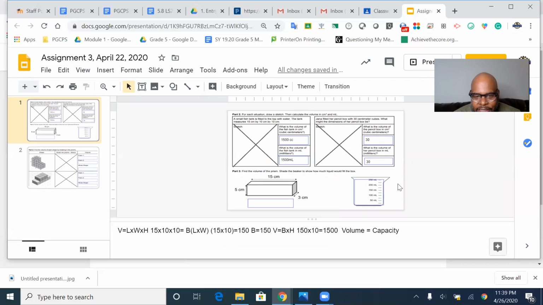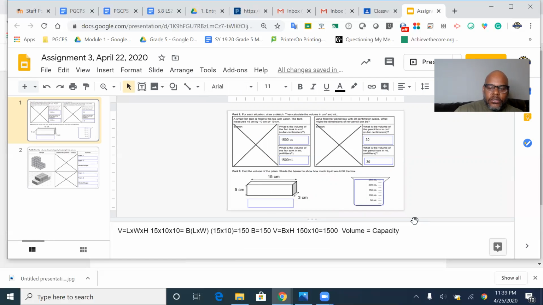All right. So the next one says, find the volume of the prism. So we know that volume is equal to length times width times height. So that means it's equal to 15 times 5 times 3, which is equal to what?